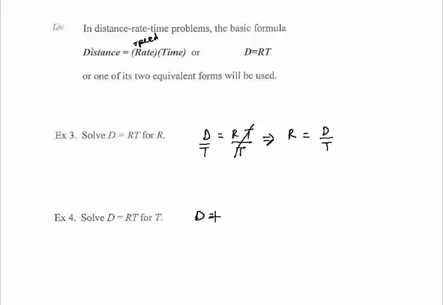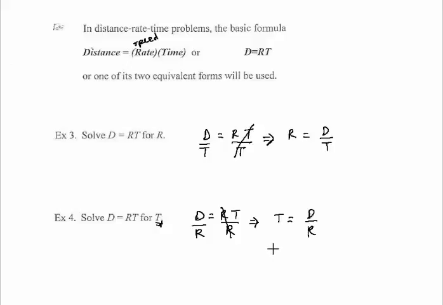Likewise, if we had a distance rate time problem, and say we were given the distance and the rate, and we wanted to solve for the time, well, that means we want to get time by itself. So in this instance, we would just divide both sides by the rate, R. On the right, the R's are going to cancel, and we find that T would equal the distance divided by the rate.